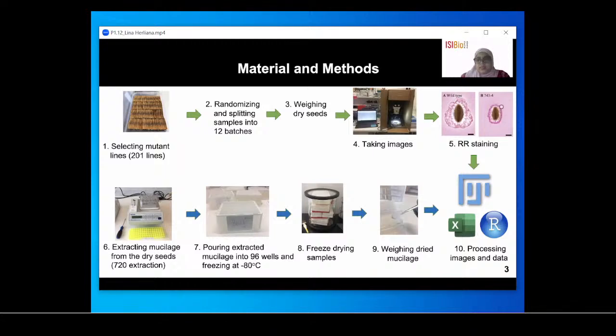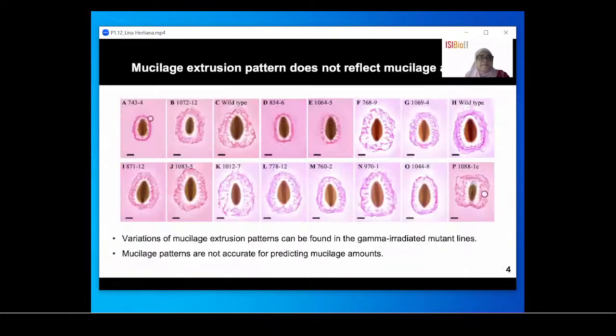Okay, the next 5 slides will be results and discussion. Variation of mucilage extrusion pattern can be found in gamma-irradiated mutant lines. Tucker et al. 2017 used the same source of mutant where the seed phenotypes were linked to variation in gene expression of heteroxylan biosynthesis, which is the main component of Plantago mucilage.